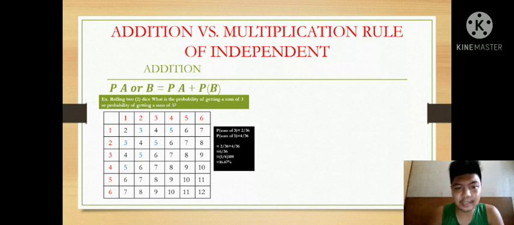In the table, you can see that the sum of 3 is 2 over 36 and the sum of 5 is 4 over 36. 2 over 36 plus 4 over 36 is 6 over 36, which equals 1 over 6, times 100, equals 16.67% that we get the 3 or the 5.